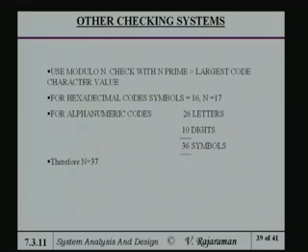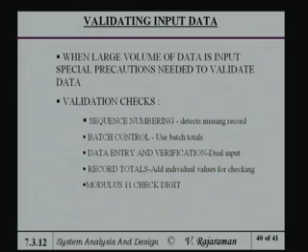For alphanumeric codes, there are 26 plus 10, 36 symbols, and in alphanumeric codes, I would code A, B, C, D as after 10, that is 11, 12, 13, 14 and so on, and I can use a modulus 37, because 37 is the next prime greater than 36. Okay.